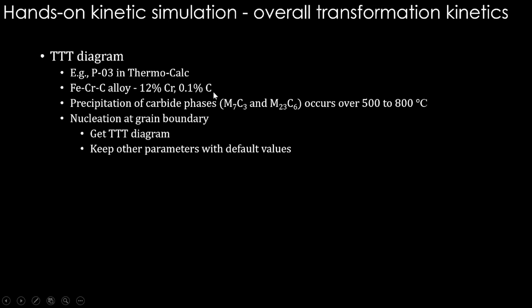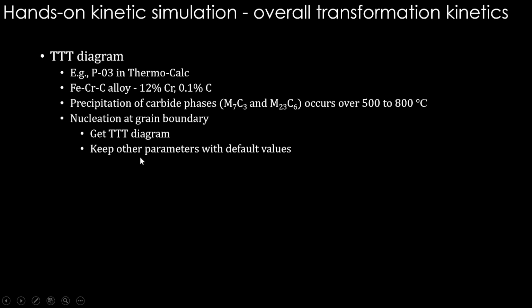Carbon with chromium in steels will form carbide phases: M7C3, where M is metal, it can be chromium, so Cr7C3 is one carbide, and M23C6, another type of carbide, Cr23C6. These are prominent phases in this alloy. They form over the 500 to 800 degrees Celsius temperature range. So we'll make a TTT diagram which covers this entire temperature regime and see how the overall transformation kinetics is.